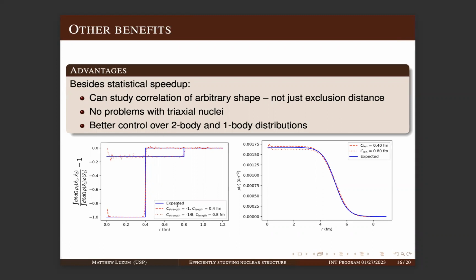These basically have the same effect. What you really care about is the cube of the correlation length times whatever the strength is. So if you multiply the length by 2 and divide the strength by 8, then basically everything's the same. You can't really even tell the difference.